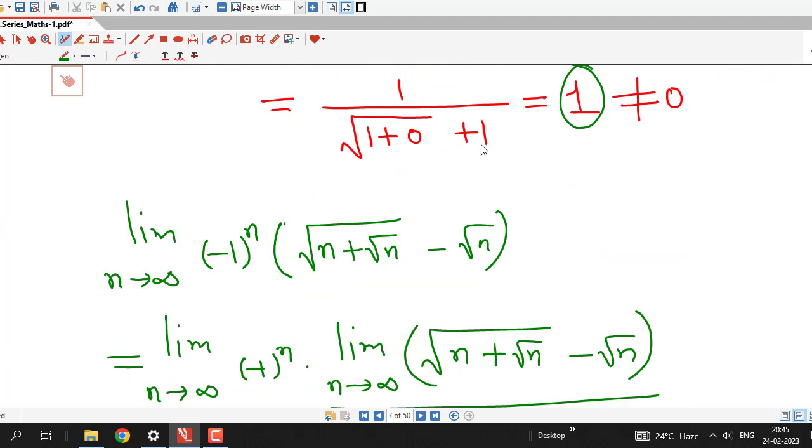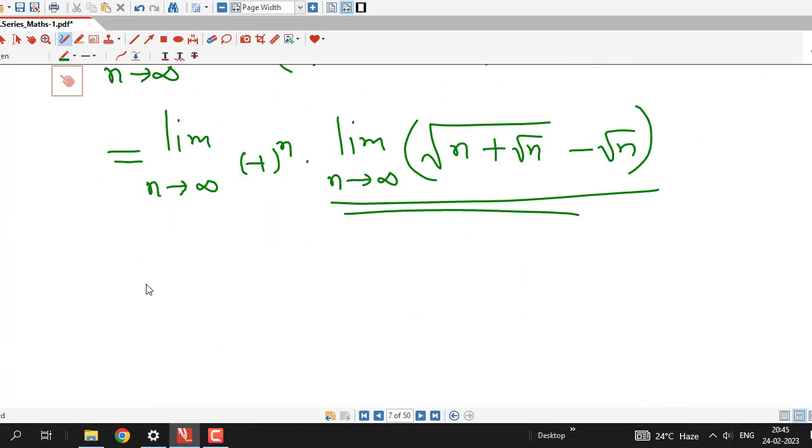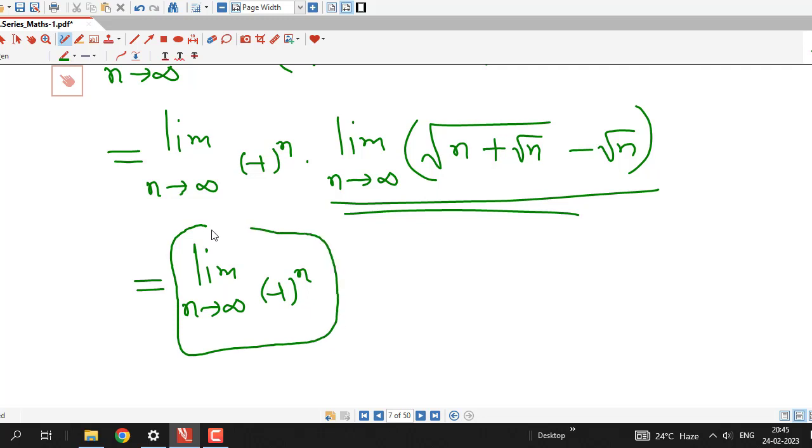So we substitute here, this limit is 1, so we have the limit of (-1)^n as n tending to infinity, and we know that this limit does not exist, because if n is even, this quantity is converging to 1, and if n is odd, this is going to near to minus 1. Therefore this limit does not exist.